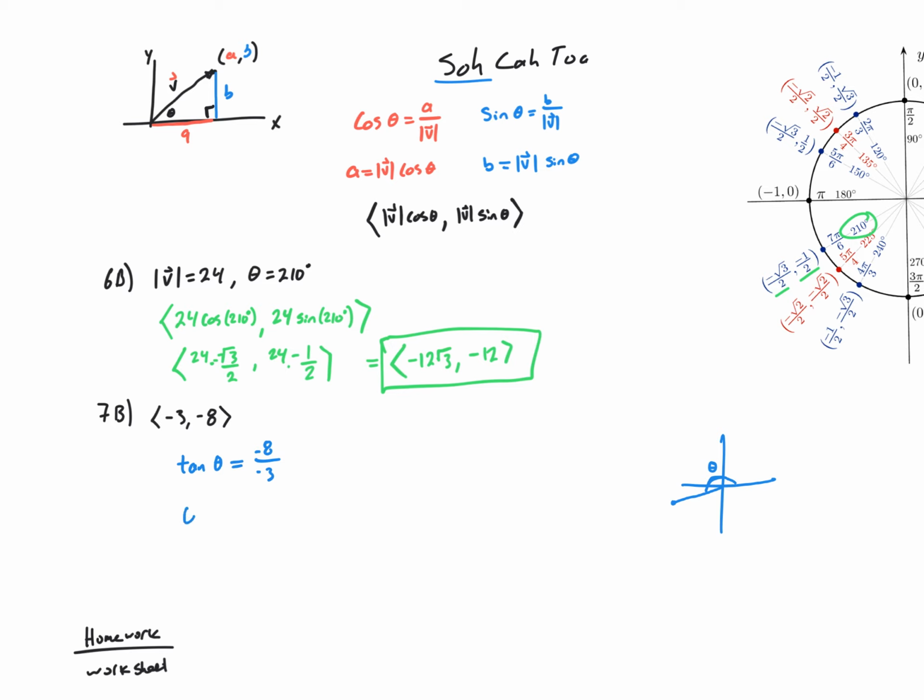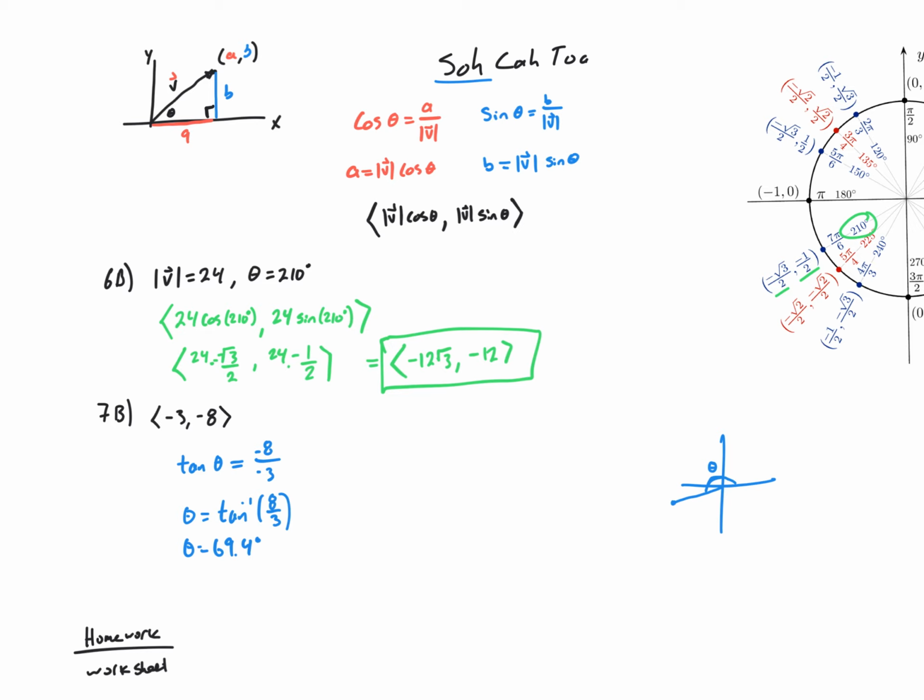So if we're looking for theta, we're going to take tangent inverse of 8 over 3, and we're going to just throw that in our calculator. In our directions it says to the nearest tenth of a degree, so that theta is equal to 69.4 degrees. Now, this angle that we got here, 69.4, actually just puts us up in this direction, right?